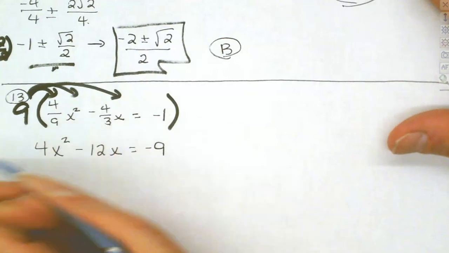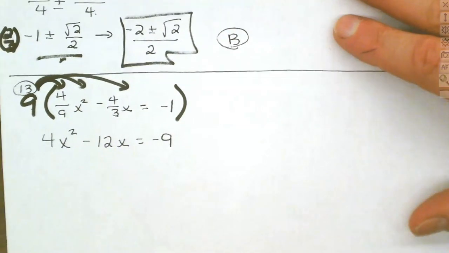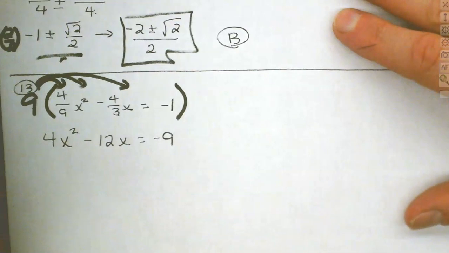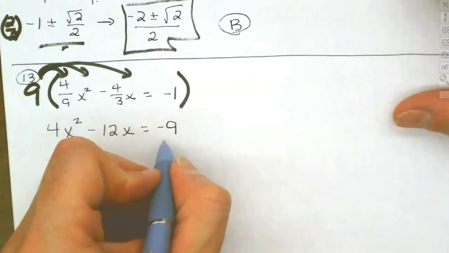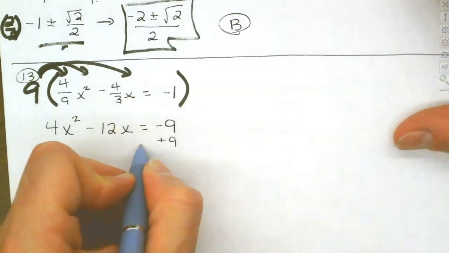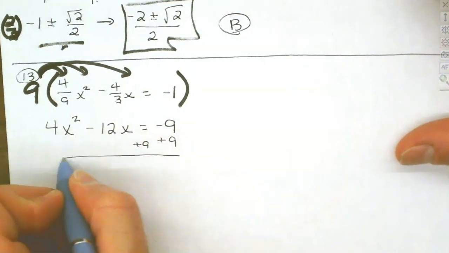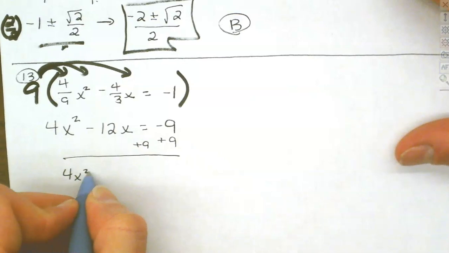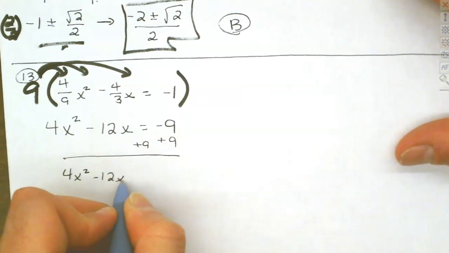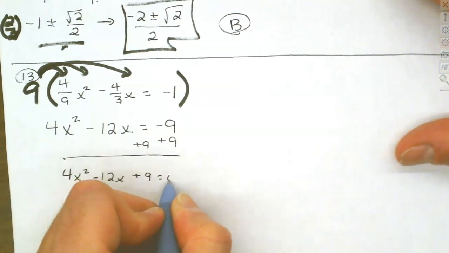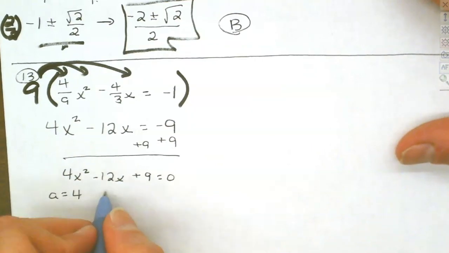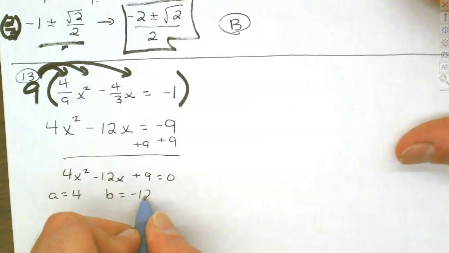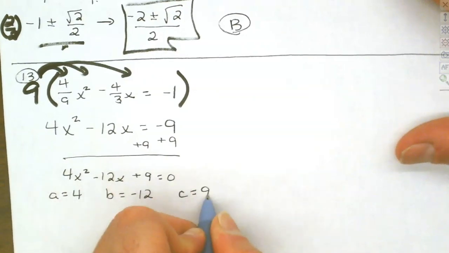Well, that makes it a negative 9, doesn't it? Okay, is everyone okay with that so far? Now it's set up for the quadratic formula, so we add our 9 over to make it 0. Now we can use our formula. So A is 4, B is a negative 12, C is 9.